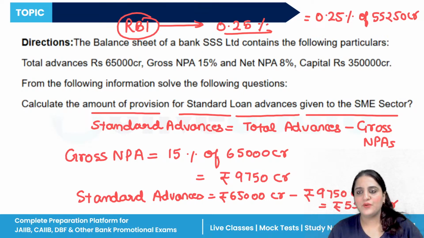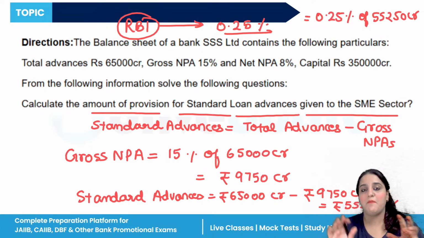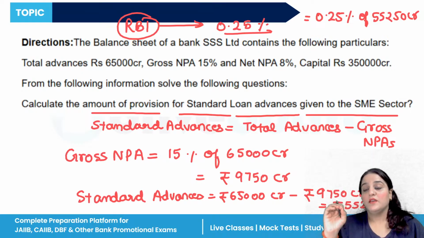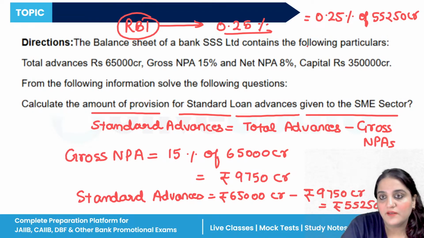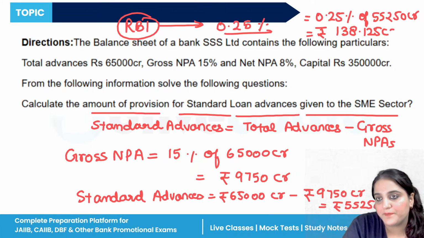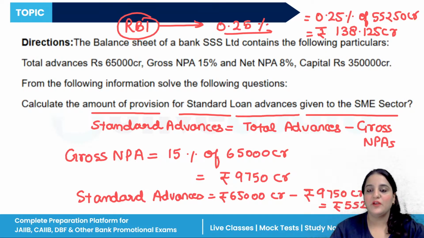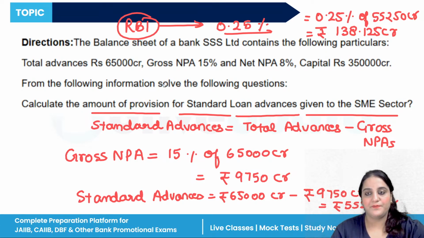And after calculating this, we got our amount of provision for standard loans that is given to the SME sector. So it is near about rupees 138.125 crore. So this is the correct answer of this question.